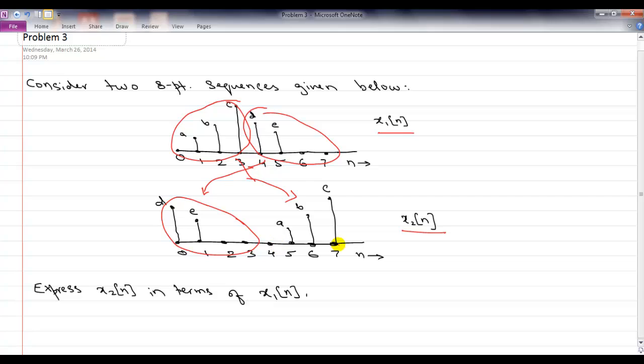Okay, and this is a circular shift where my 0 has moved to 4, so this is just a circular shift by an amount 4. So x2[n] is nothing but x1 of n minus 4 mod 8. Okay, so this is a mod 8 circular shift, and we have shifted our sequence by 4.